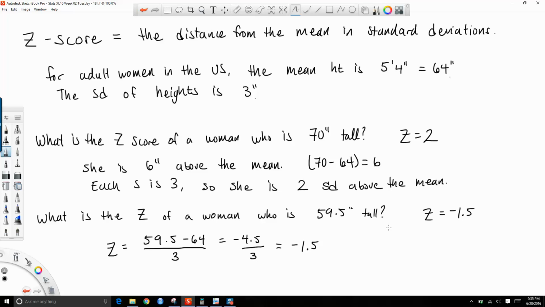Can I flip to the next page here? All right, so Z-scores give us a sense of how unusual a data point is.